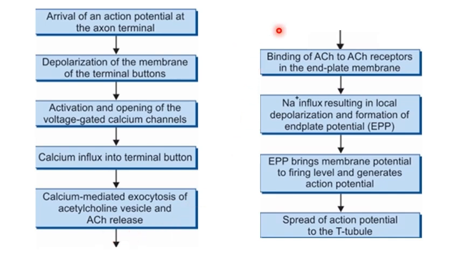Further, this acetylcholine binds to its receptors in the end plate membrane and results in sodium influx and local depolarization, and this results in the formation of the end plate potential. The end plate potential brings the membrane potential to a firing level and generates an action potential. That means the end plate potential shows summation and reaches the threshold level, and this generates the action potential. Then the action potential spreads to the T tubules.